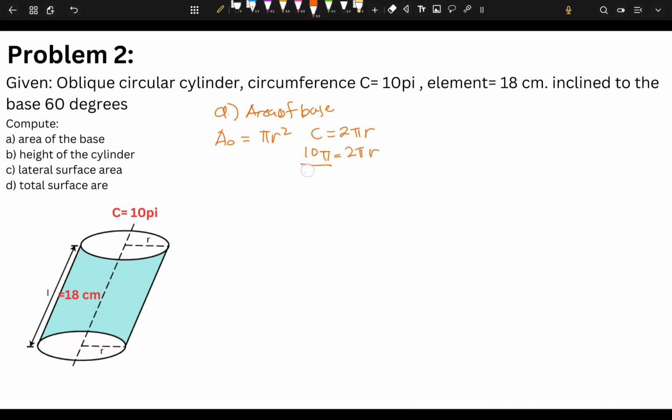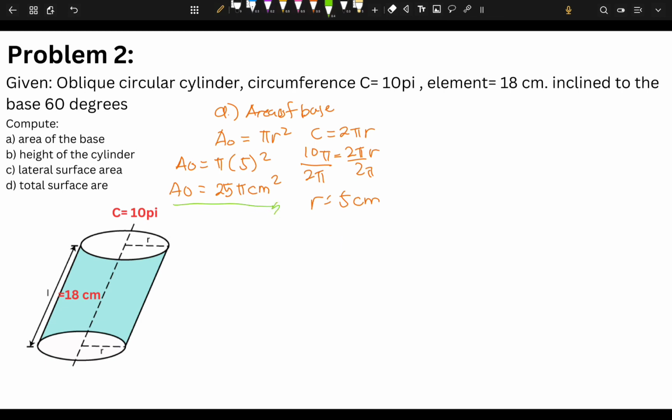So, divide both sides by 2 pi. So, r natin will be equal to 5 cm. So, plug lang natin para makuha natin yung area. So, that is pi times 5 raised to 2. So, area ng circle natin or ng ating base is 25 pi. Anong unit? Centimeter squared. Okay. So, meron na tayong area ng base.